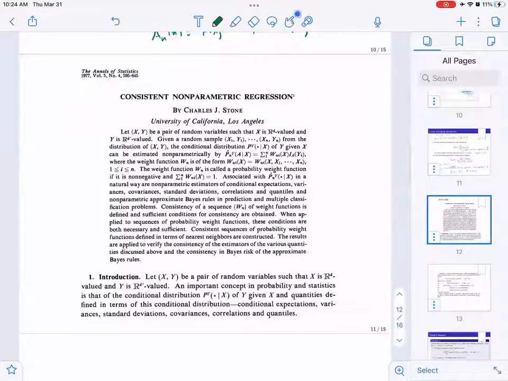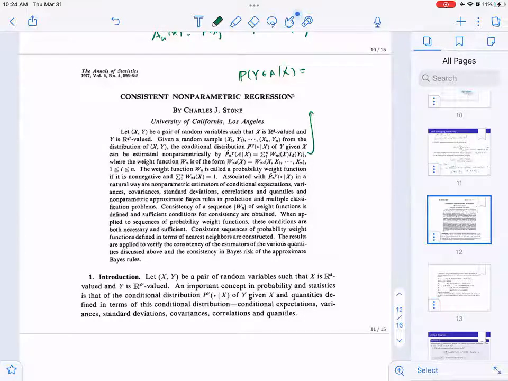These are the weights, and this is the indicator that y_i belongs to A. This is the probability of Y in A given X. If you care about a particular event, you can estimate the conditional distribution easily by this averaging.